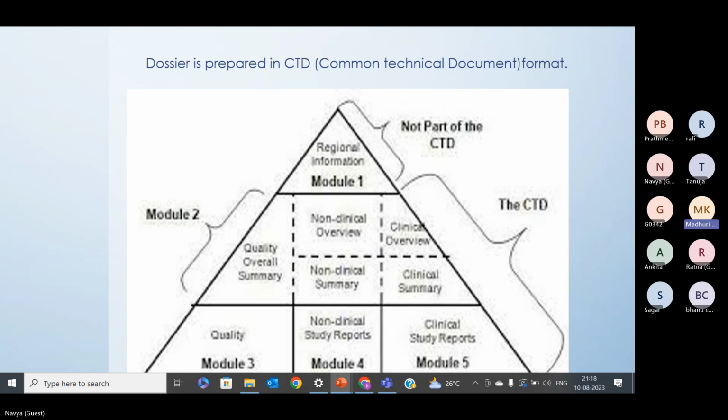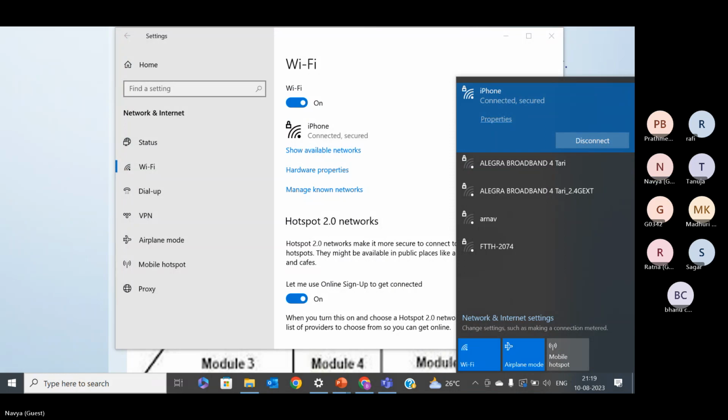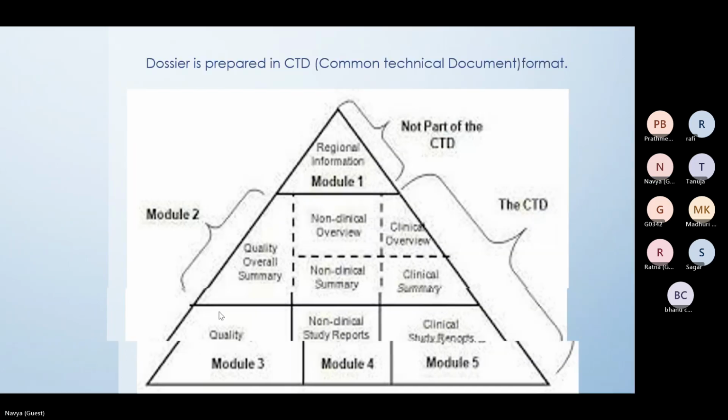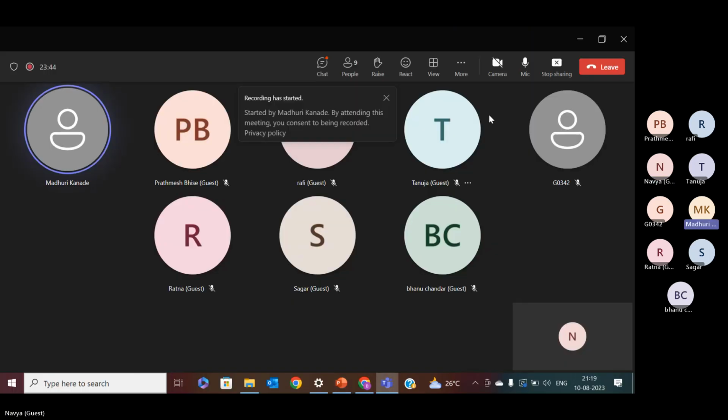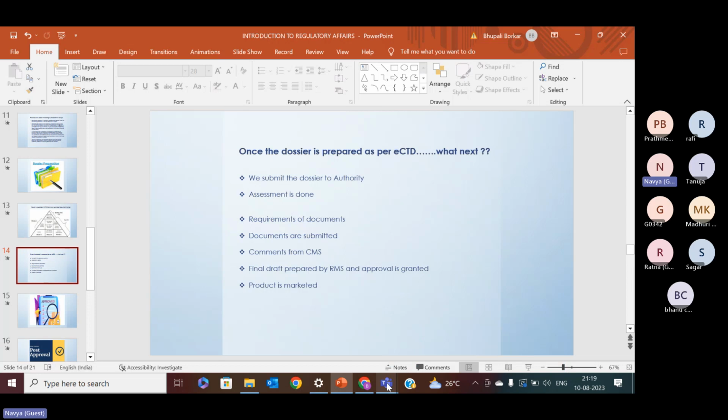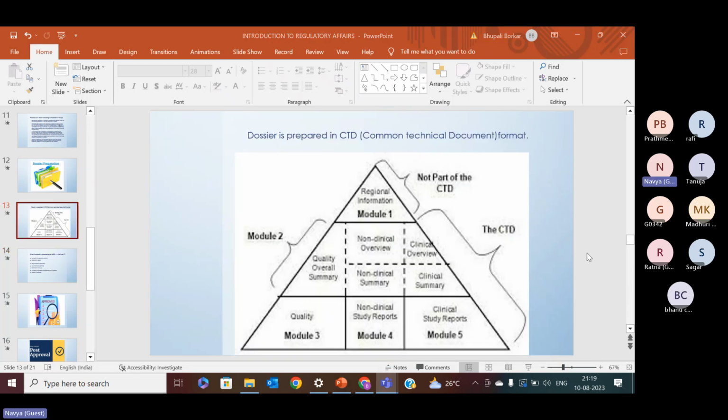I think there was some voice issue. We lost you in between. The net got disconnected. Oh, okay. So I was here.